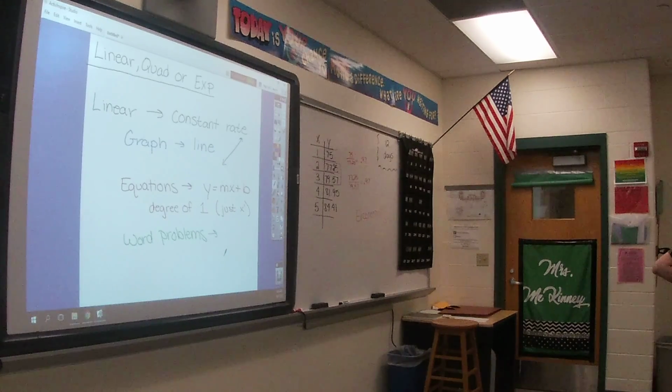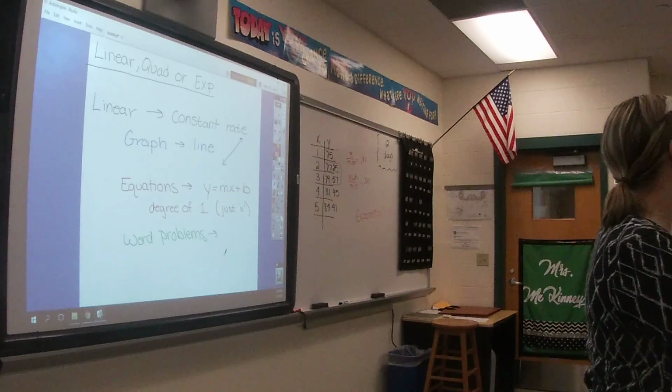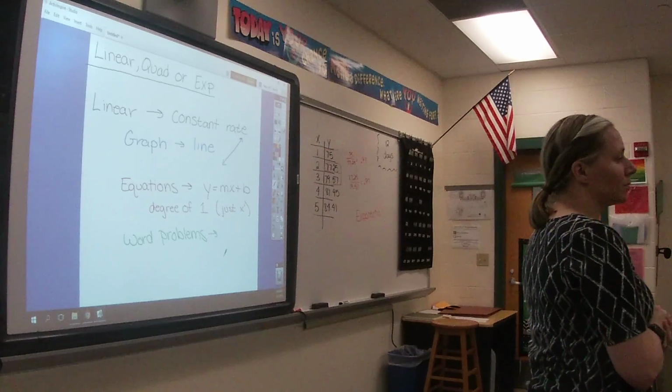So let's think about all the different types of linear word and story problems we've talked about. We talked about perimeter, distance equals rate times time, breaking even, total, and setting up proportions. Those don't all fit one specific category, but they all have something in common. Numbers.